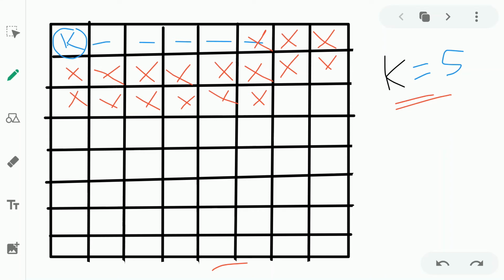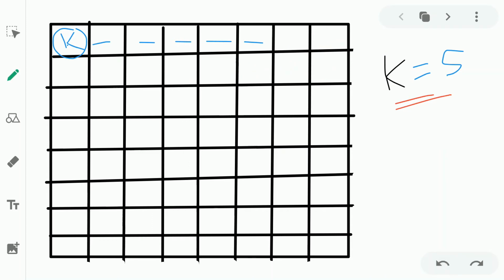So let's say today our k is given as 10. So let's just delete the crosses and see what we will do. If k is now 10, then we have to put 9 spaces, right?